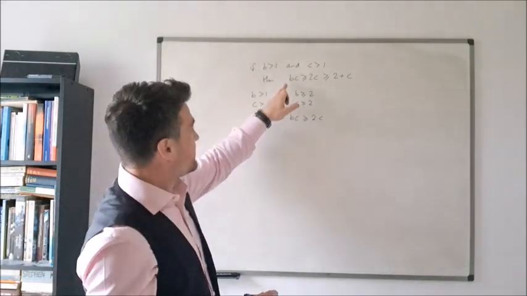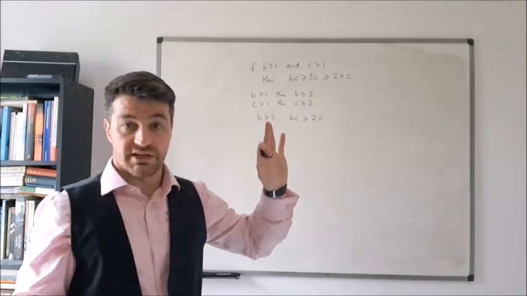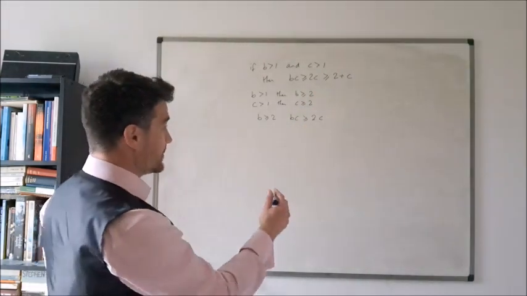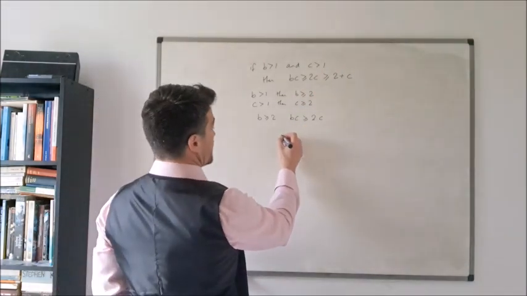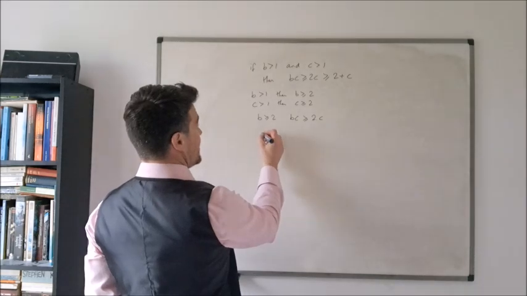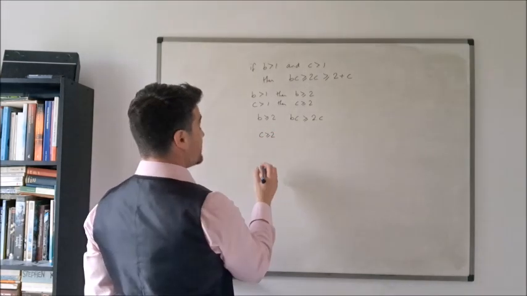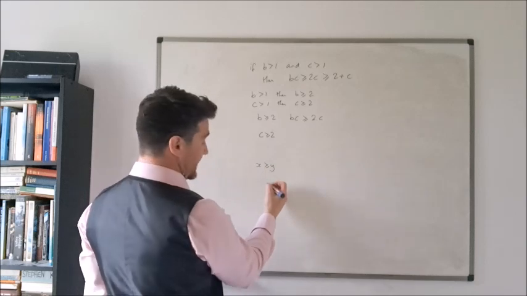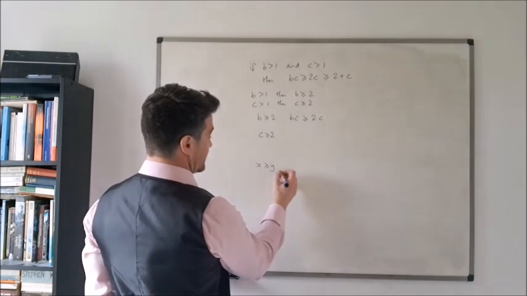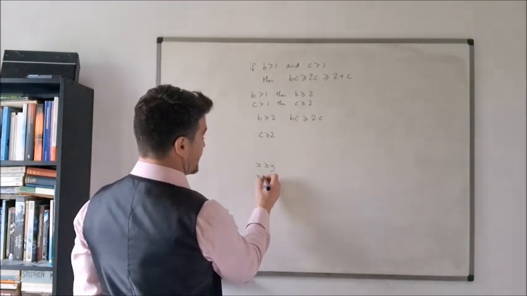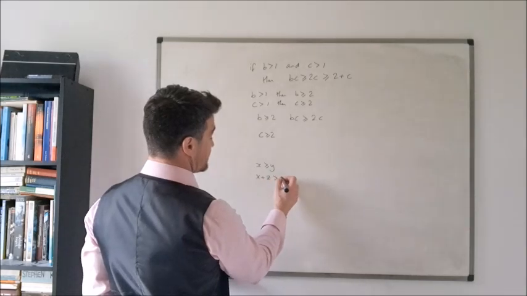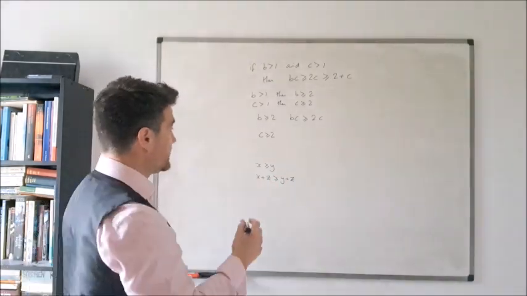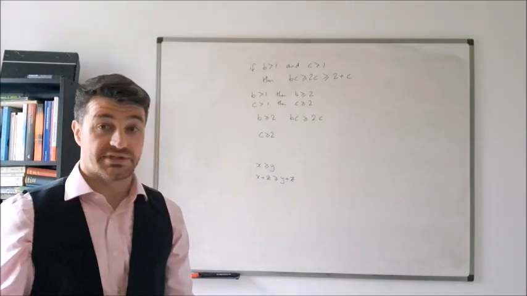That establishes this part of the inequality, but we've still got this part to go. How is that going to work? We could play a similar kind of game. C is greater than or equal to 2, but now I'm going to use the property that if x is greater than or equal to y, and z is another number, then x plus z is greater than or equal to y plus z. Again, it's just a basic property of inequalities.